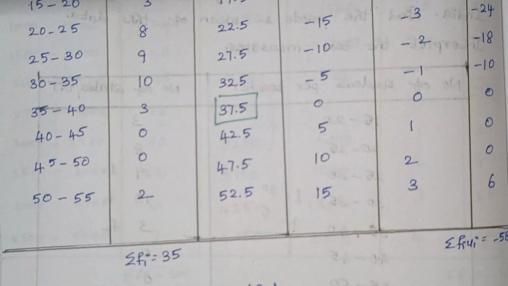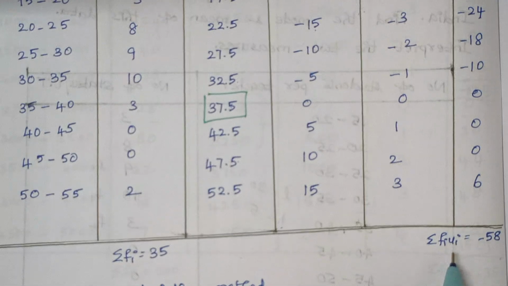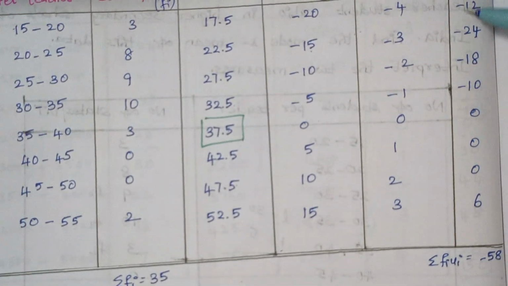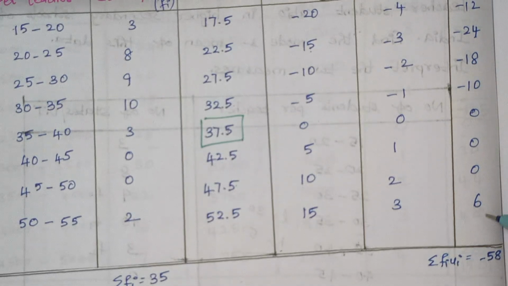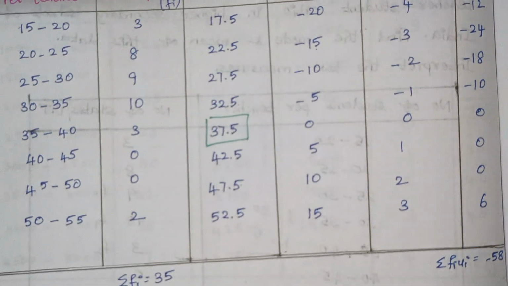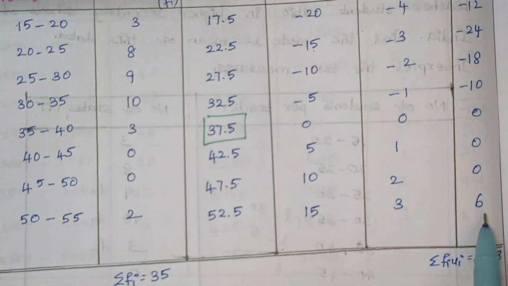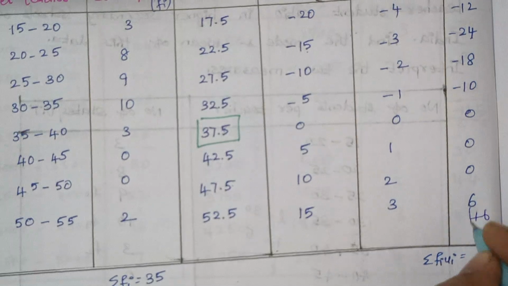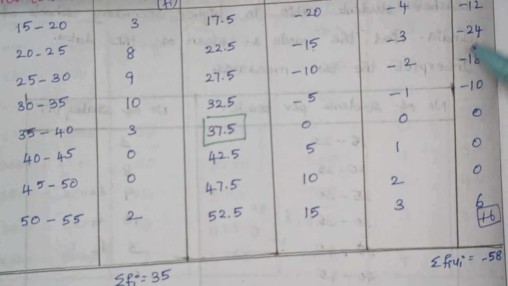And the next thing is we have to find the summation of fi ui. So here we have to add all the numbers with the negative sign together and the positive sign separately. So here the positive number total is 6. What about the negative numbers?